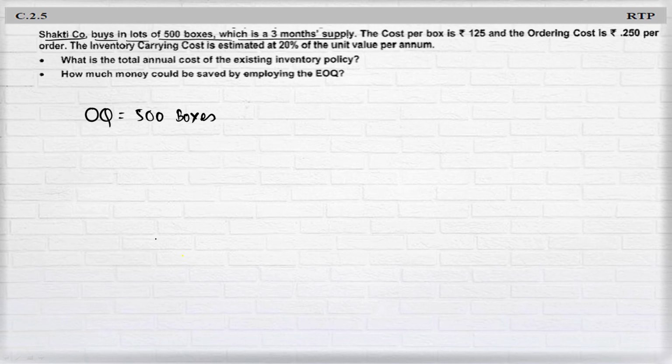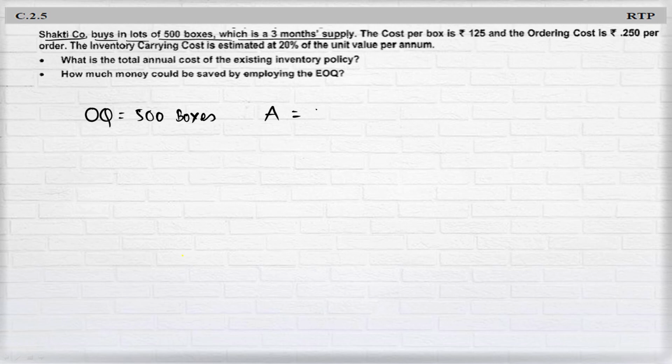So this 500 boxes can be used for how many months? 3 months. Can anyone find out A? What is your annual requirement? How many boxes is your annual requirement? How will you find out? 500 into 4 or 500 into 3? 4. There are four 3-month periods in a year.